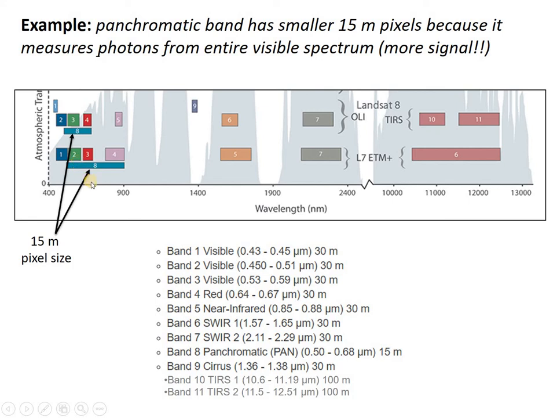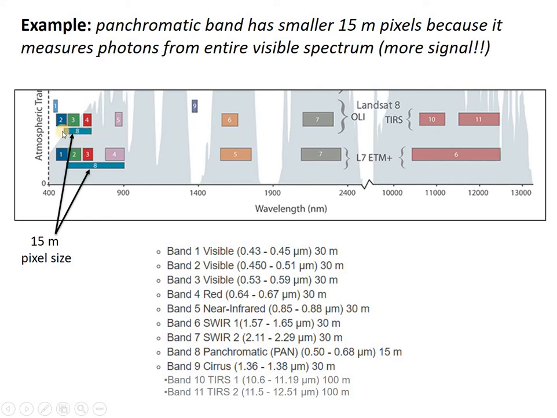And then we can look at this another way and also see that here's the panchromatic band for Landsat 7, band 8, and here it is, the panchromatic band for Landsat 8. So these are both 15-meter pixels. They're much better than the typical 30-meter pixels of these other visible bands. The reason that these panchromatic bands can be 15-meter pixels is because they are integrating photons across a wider bandwidth, a panchromatic, a pan color.